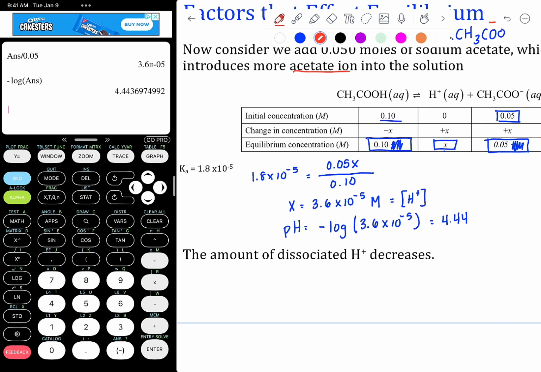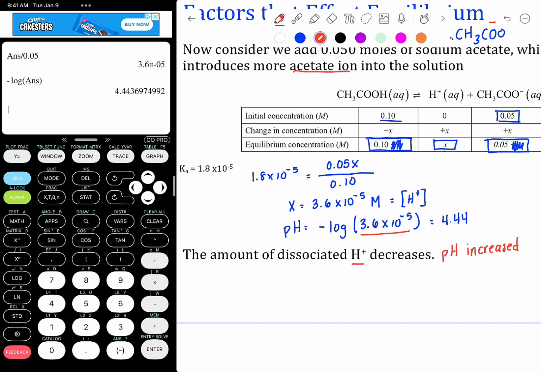So we saw that our H+ concentration has now decreased and our pH has now increased. So this is still supporting Le Chatelier's principle that we're seeing a change in these equilibrium concentrations, okay, by adding a product or a reactant ion.